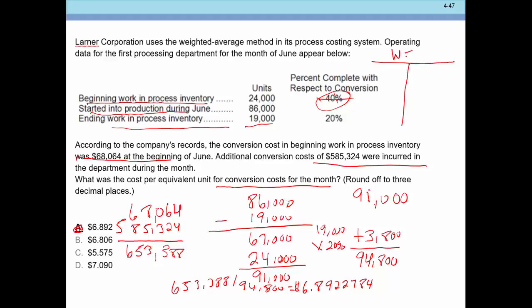And I always seem to end up in a corner when I'm trying to do my T accounts. My work in progress. Do I know what the beginning balance of work in progress was? Do I know what the beginning balance of work in progress was? They told me it was what?